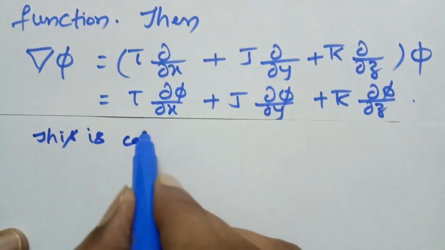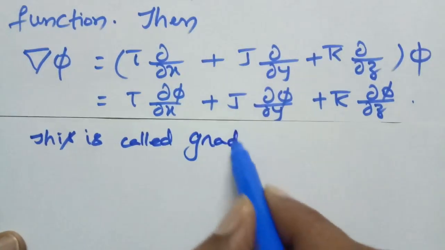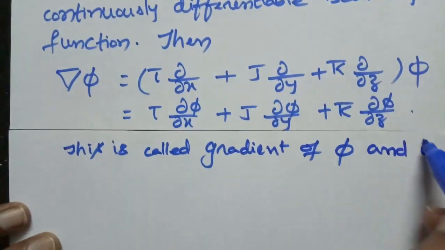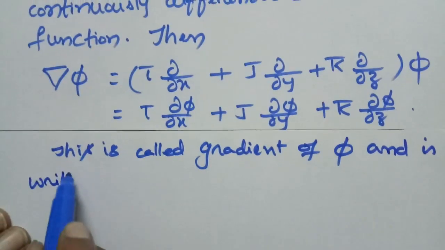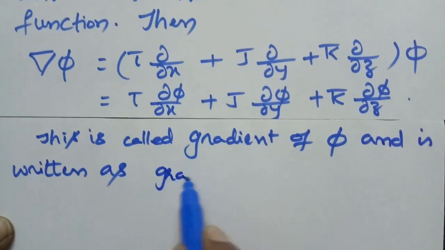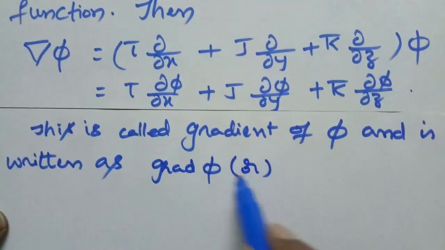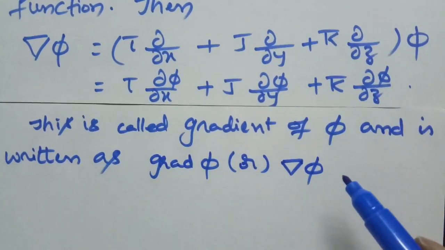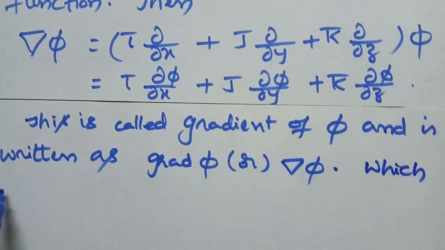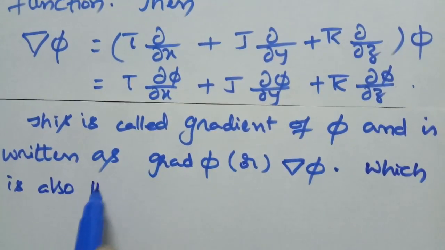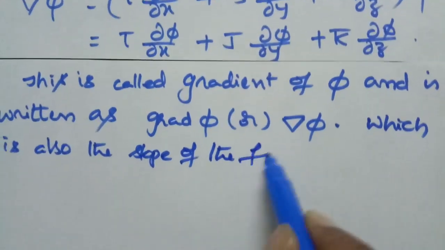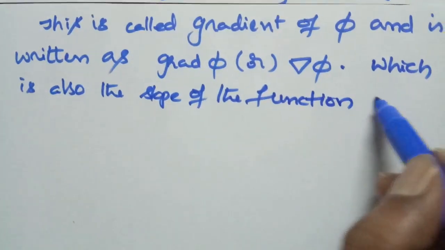This is called the gradient of the function phi and is written as grad phi or del phi, which is also the slope of the function phi.